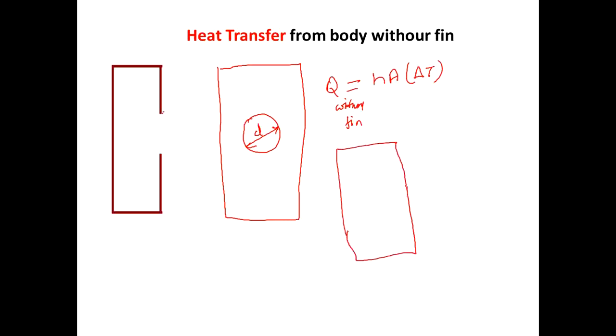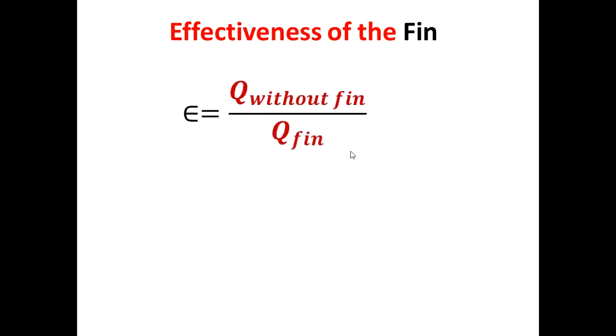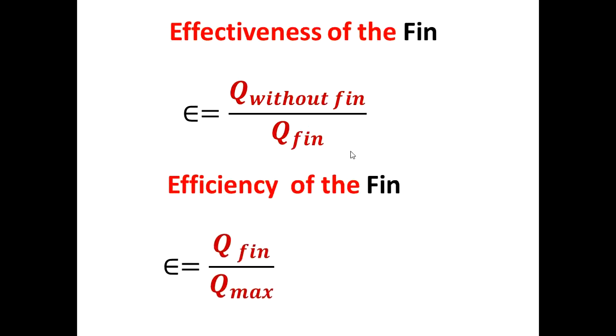In the front view you can see that when you add the fin, the area increases and heat is transferred here. Therefore you can take the effectiveness and efficiency of the fin. Effectiveness of the fin is heat transfer with fin divided by heat transfer without fin. Efficiency of the fin is the heat transfer with fin divided by the maximum heat transfer. Thank you one and all.